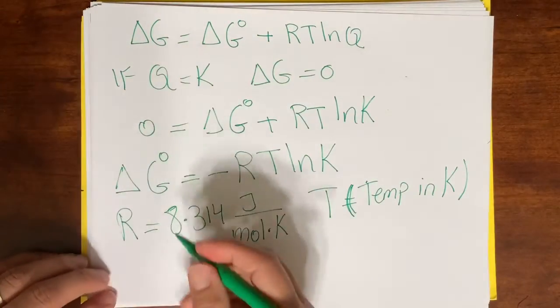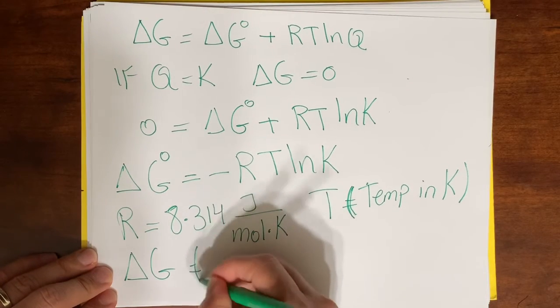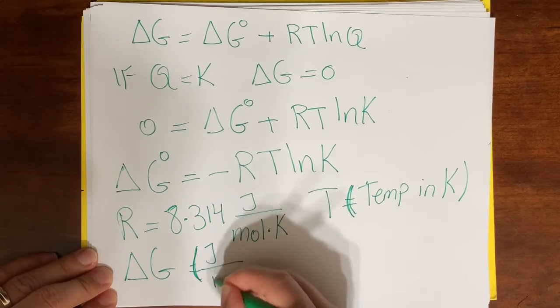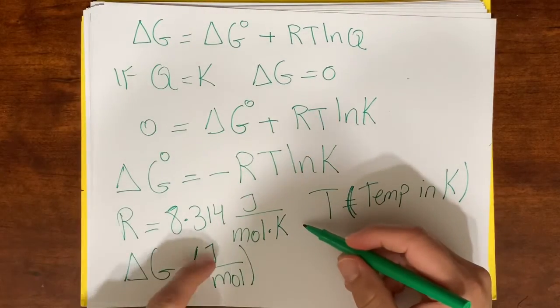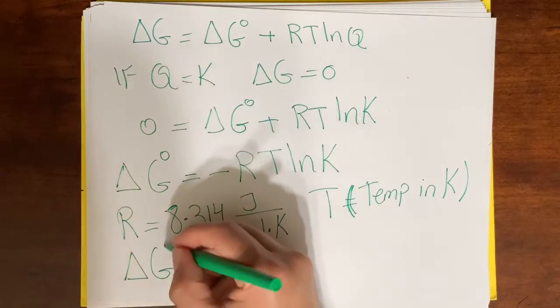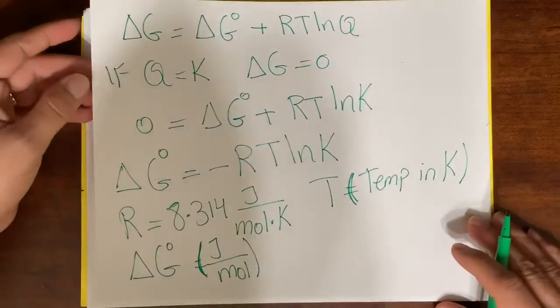How about delta G? Delta G is going to be in joule per mole. If R is joule over mole Kelvin, then delta G has to be in joule over mole, so you can cancel joule by joule, mole by mole. Okay, let's do one example about this one.